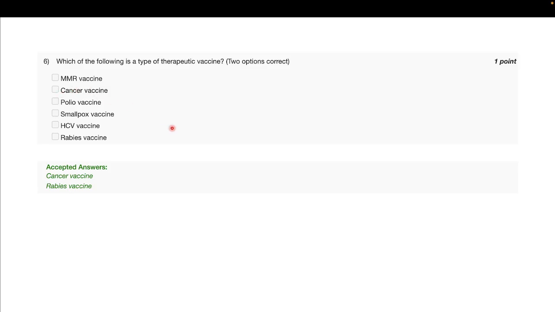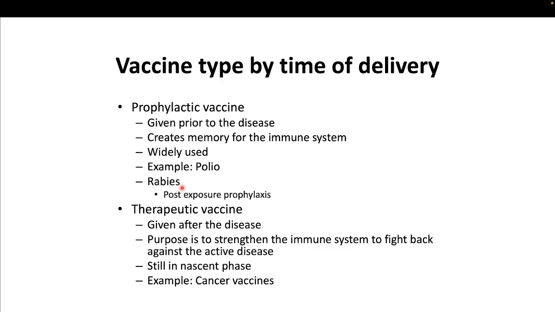Therapeutic vaccines are given when the disease has already occurred, or the pathogen has already been introduced in the patient's body. So it could be cancer vaccine. The other is rabies vaccine. This might be a little confusing, because rabies vaccine, technically speaking, is a prophylactic vaccine. So what happens is, when you get bitten by a rabid animal, the pathogen takes time to travel from the site of bite to the nervous system.